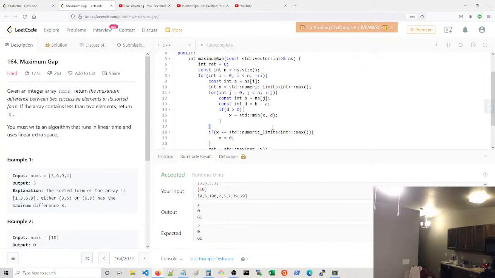You know what this makes me think of? This makes me think of the trapping rainwater problem, because we have non-decreasing and increasing sequences and things of that nature. We don't really know increasing or decreasing the sequence of differences. We do know the sequence of smallest differences.